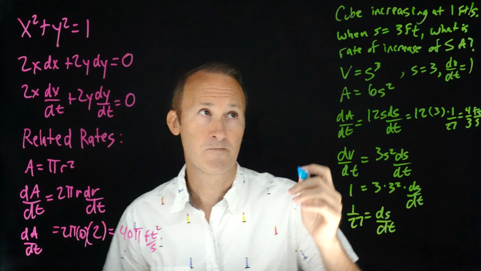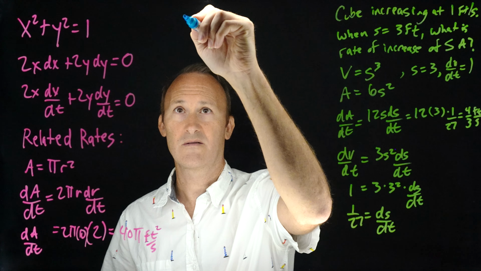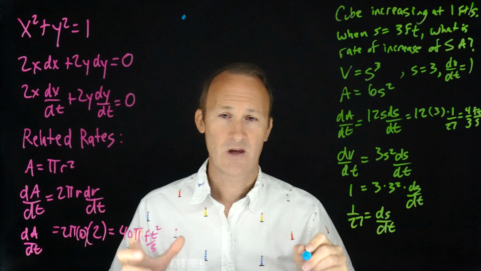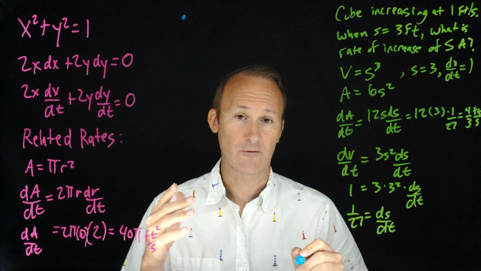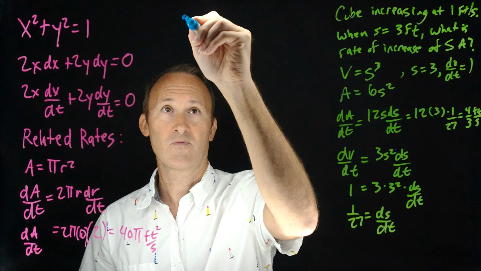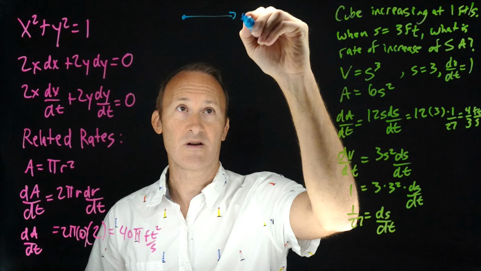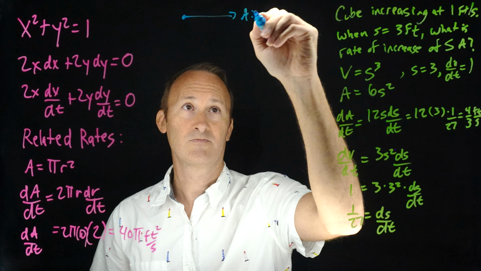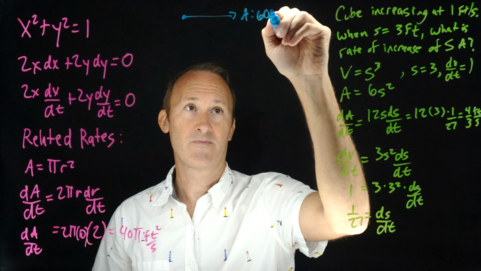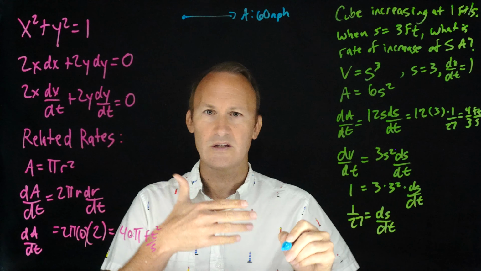Okay, so consider the following one. Let's say you have a point of intersection, and you have two vehicles that leave this point of intersection in different directions. Vehicle A, let's say, is going 60 miles per hour directly east.